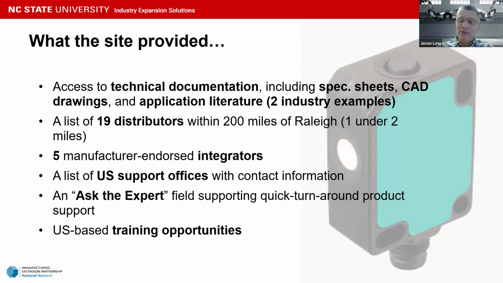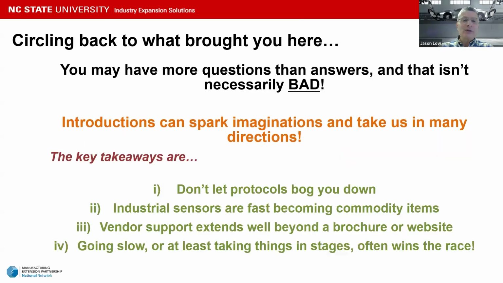It gave me references to integrators around the country, by the way, my U.S. support offices, my little Ask Jeeves, ask the expert, right? And it also brought up a lot of US-based training opportunities for this technology. So again, pleasantly surprised.